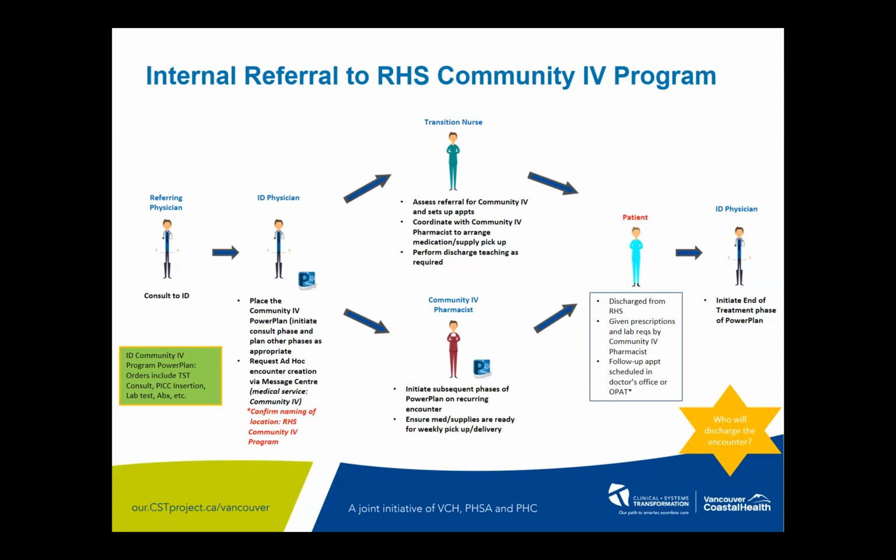Sorry, I kind of missed a part of the question. What was the question again? And whose responsibility is it to determine that the patient is discharged from the program? From the home IV program? That's right, yeah. Us. The providers, okay.